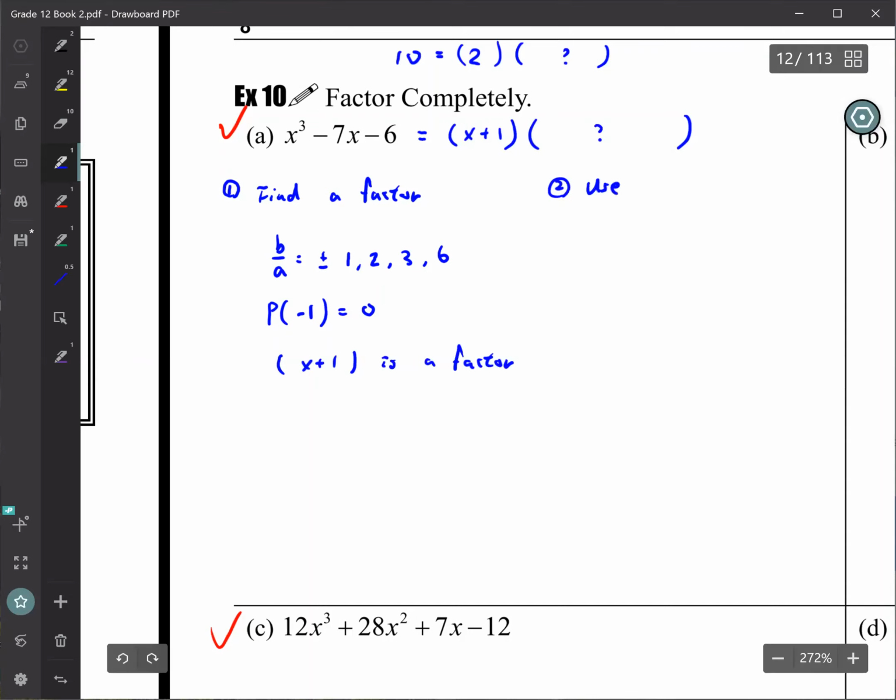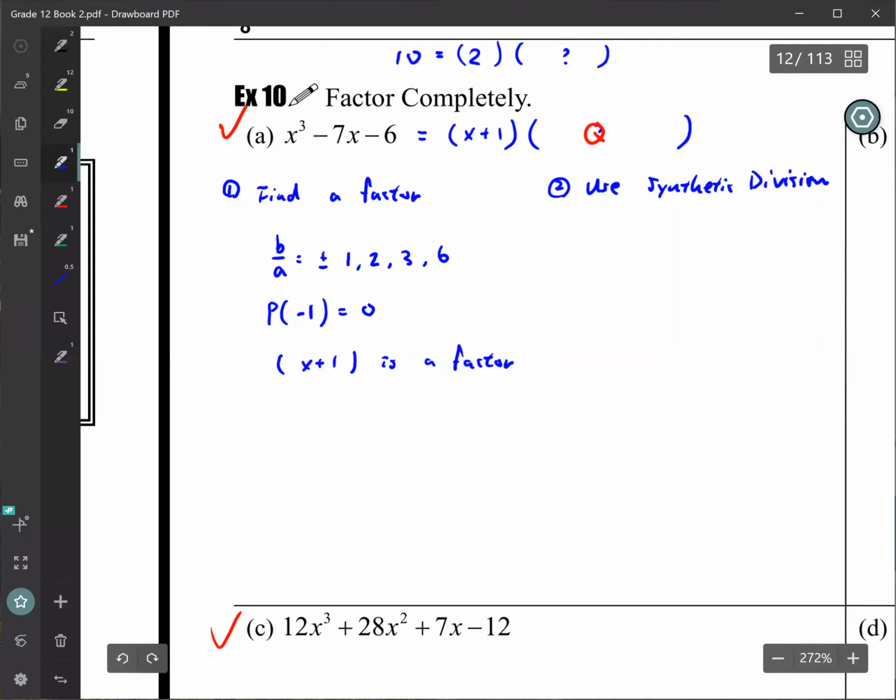Use synthetic division. We need to find the missing bracket, and the missing bracket is the quotient. X plus 1 is the divisor. If you use a different one, then you have a different divisor and the quotient is different, but that's okay.